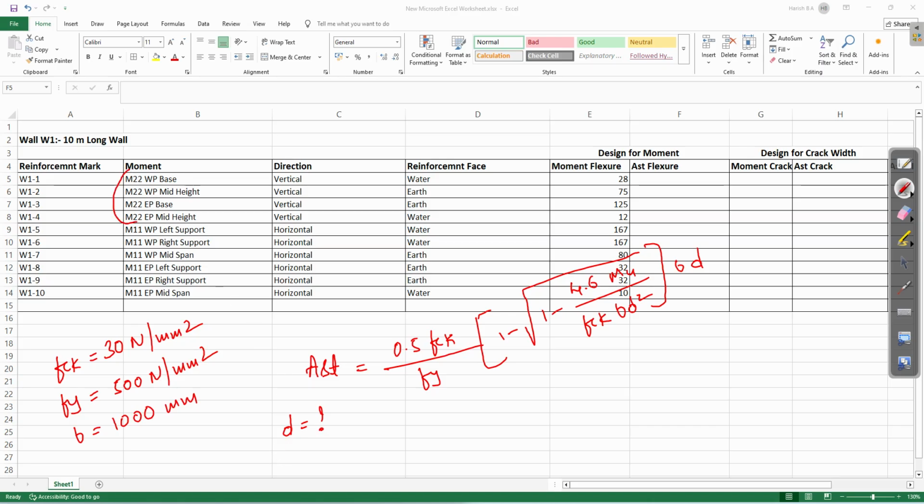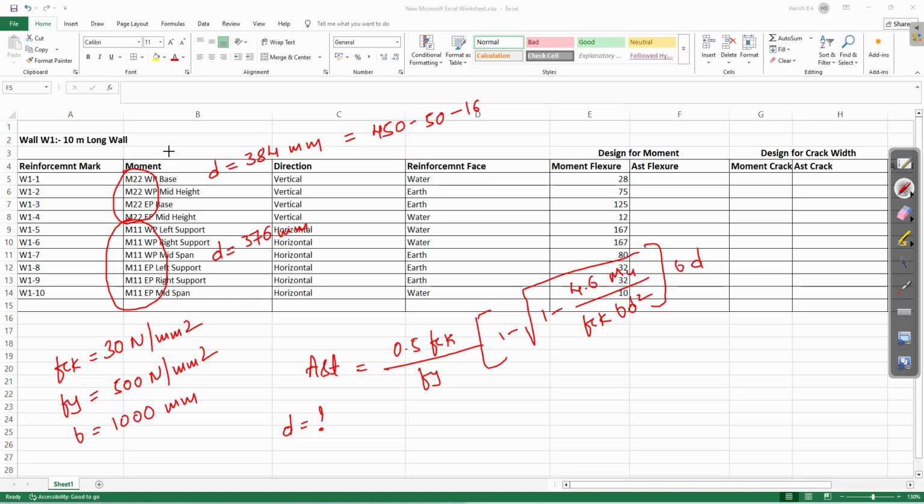For M22 the effective depth will be 384 mm, and for M11, D will be 376 mm, because M22 steel will be provided at the outer face. So for this it will be 450 minus 50 minus 16.